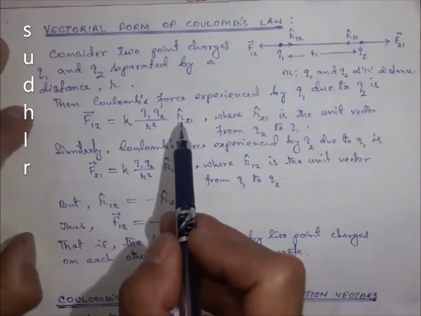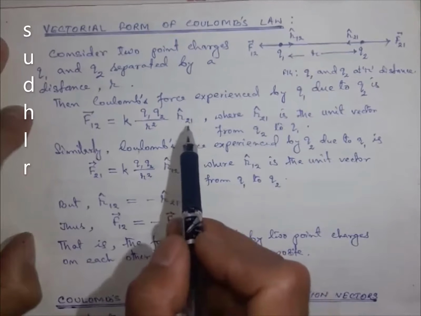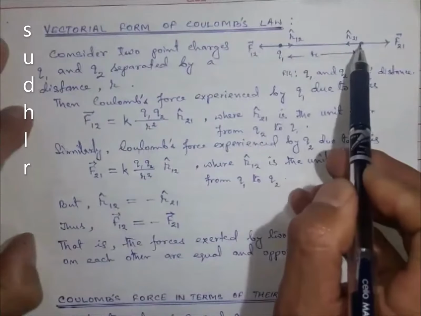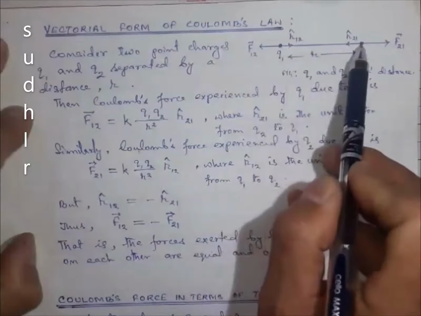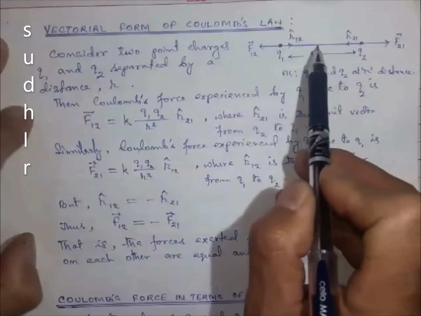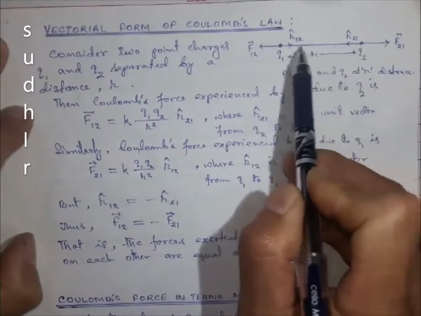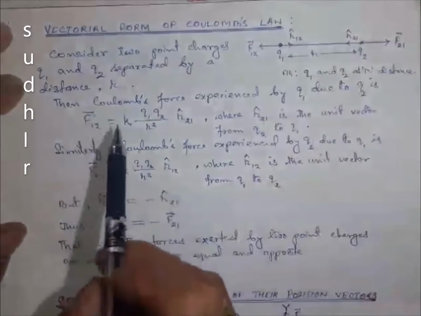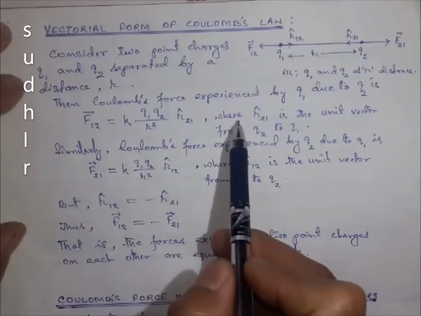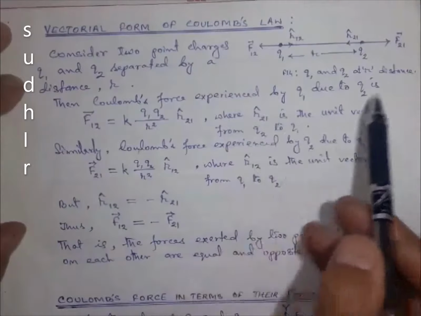Magnitude is 1, and the direction is along the vector r21. r21 means it points from the charge Q2 to the charge Q1, that means from 2 to 1 along this direction. I have also given the description here, where r21 cap is a unit vector from Q2 to Q1.